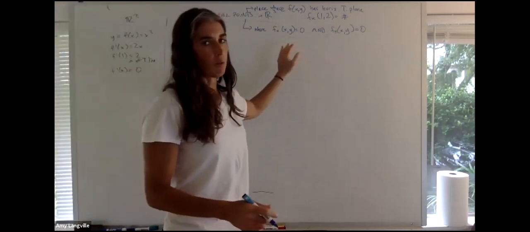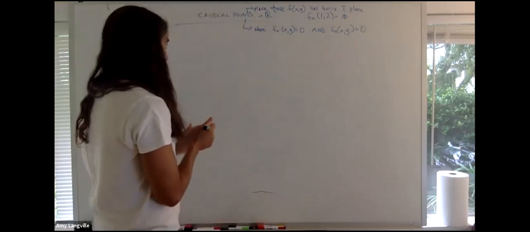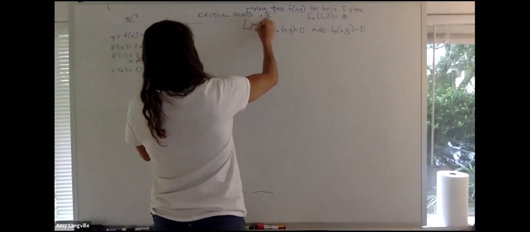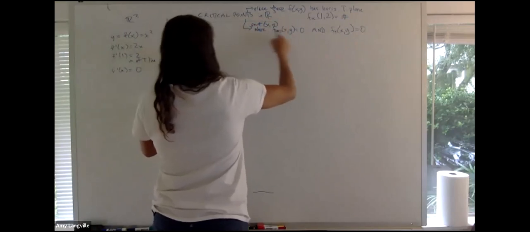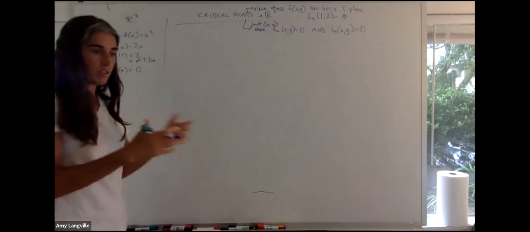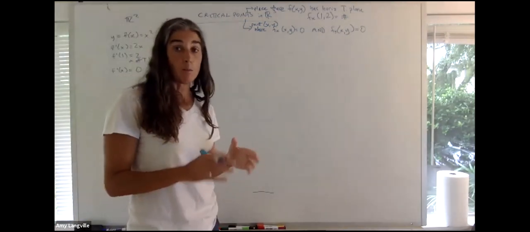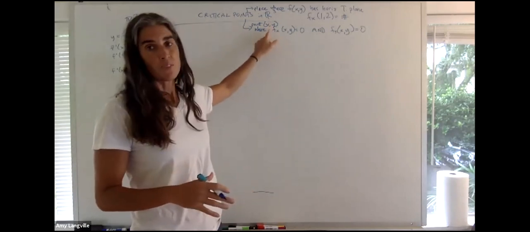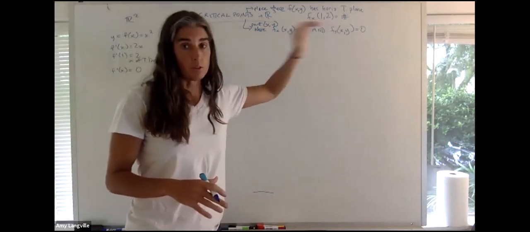Both of them have to be 0. But I should also be a little more specific. It's a point xy where that happens. So we're not just finding an x value like we did here. Because we're in higher dimensional space, we need to find a point which now represents an x and a y value that satisfies both first partials equal to 0.